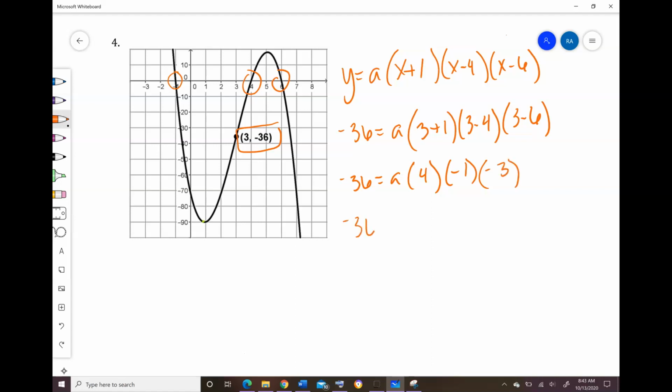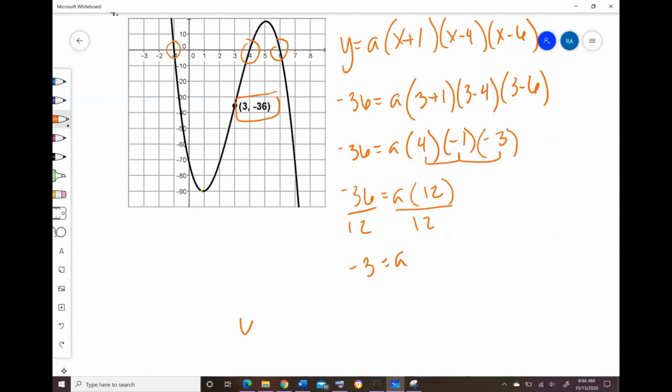Simplify it some more. 4 times negative 1 is negative 4. Negative 4 times negative 3 is positive 12. Divide by 12, and that's going to be negative 3 equals A. So my final answer is y equals negative 3, x plus 1, x minus 4, and x minus 6.